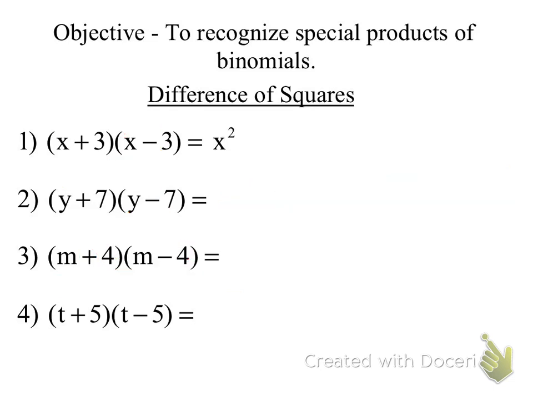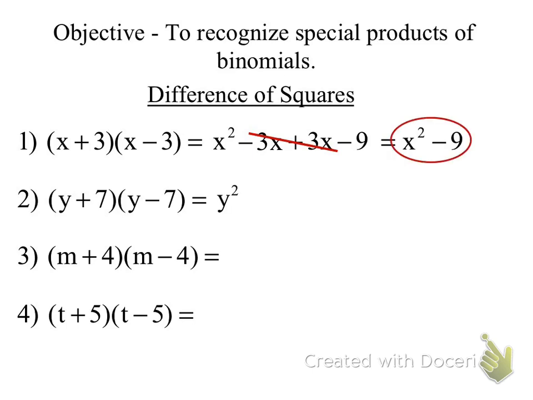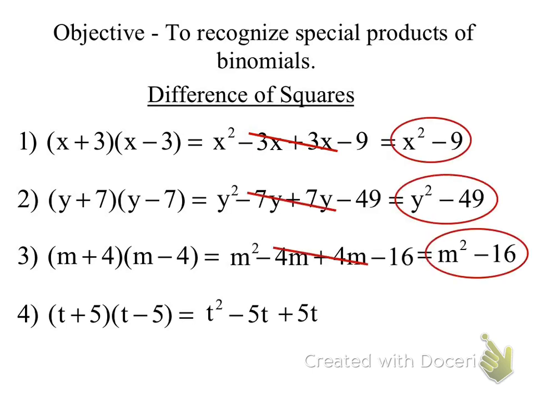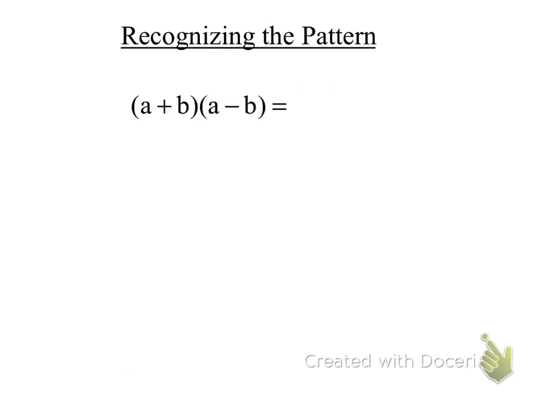Okay, so let's try it. So the rule is, first let me show you the rule. The rule here is, we said, our outer and inner terms get canceled. So our rule is, what we end up having is a perfect square.